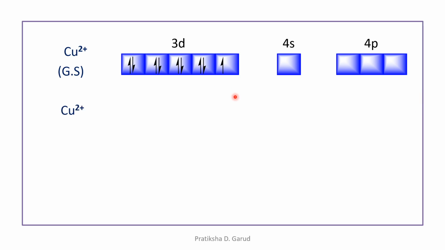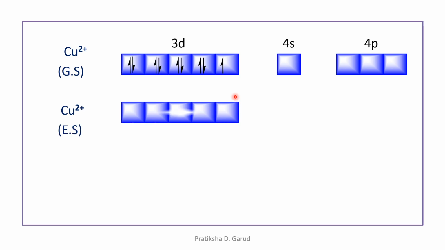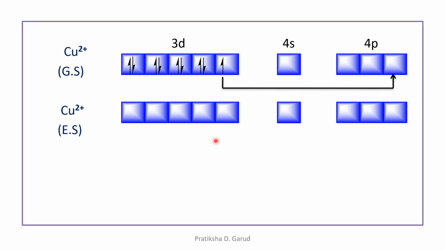So we have the excited state electronic configuration for the Cu2+, in which again we have the 3d, then 4s and the 4p atomic orbitals. In the 3d we can say that this last electron from the 3d is shifted to the 4p to make the 3d vacant. So in the 3d we have the first electron, second electron, third electron, fourth electron, right?